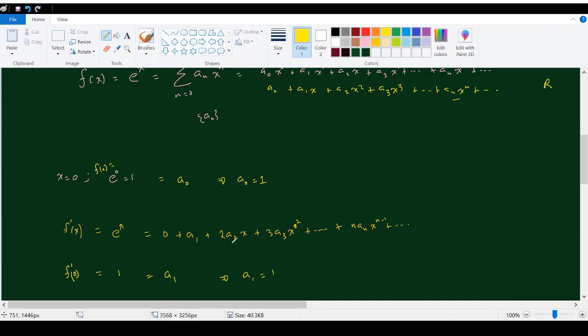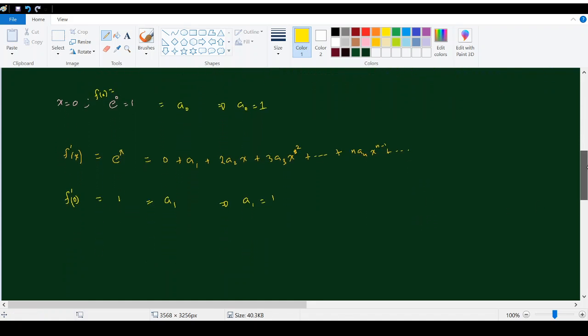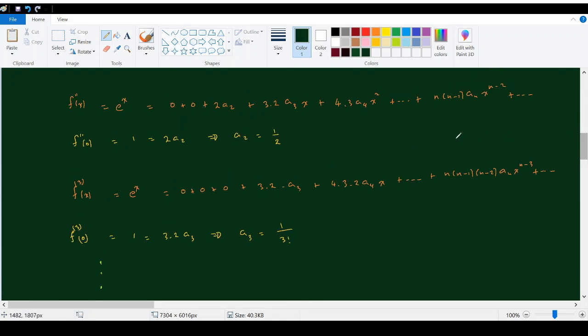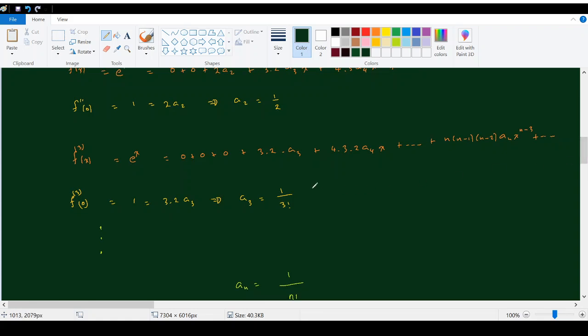And how about a2? In order to find a2, you will need to differentiate the second equation once again. So let's see what will happen if we proceed in this way. Likewise, if you continue that pattern of calculating these derivatives and then substituting the center point, which is 0 in this case, you can see that a certain relationship is emerging.